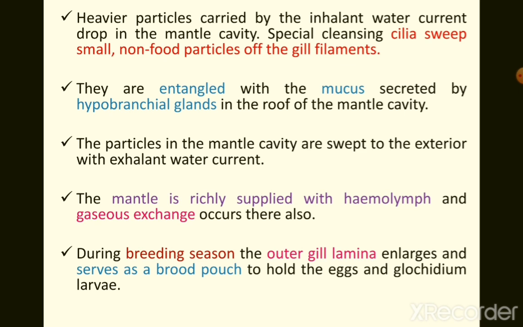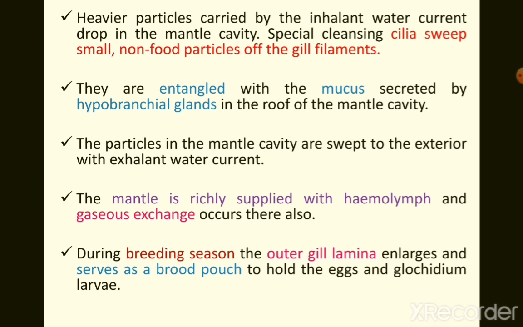And then this gill lamina, as we said, especially during breeding season, the outer gill lamina becomes enlarged, or gives a kind of swelled up appearance. Why? Because the female gamete, when it is released, goes and settles in the water tube, and then the male gamete that comes through the incurrent water, and the process of fertilization occurs in the water tube, and after getting fertilized, the early development of the zygote also happens in this water tube.